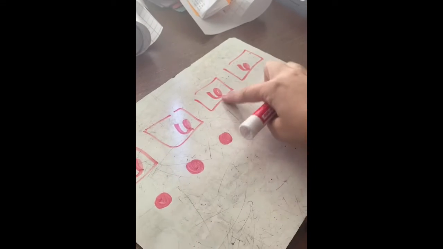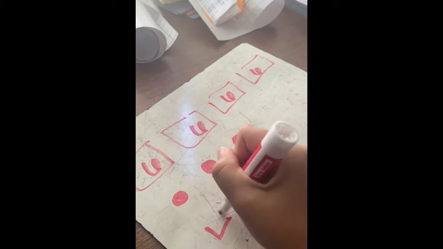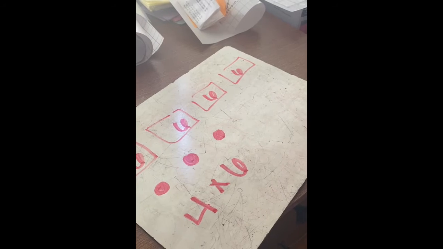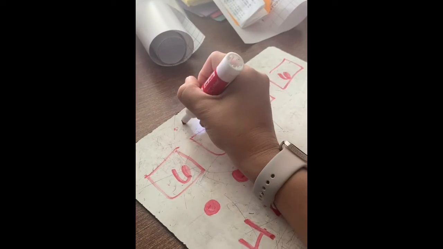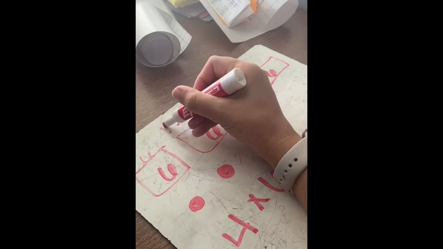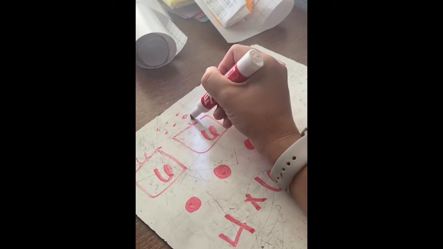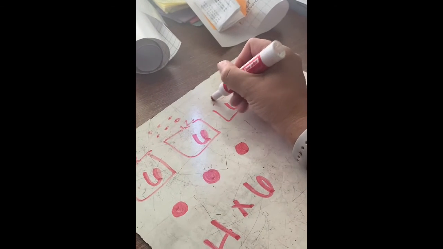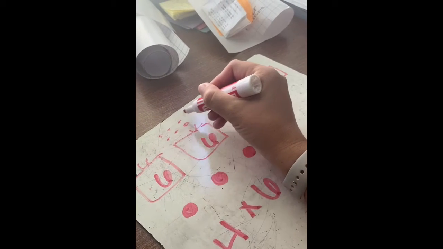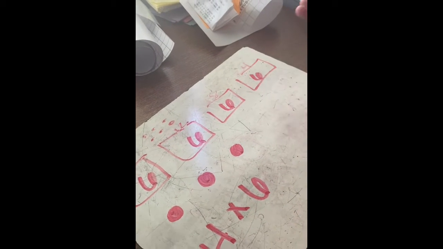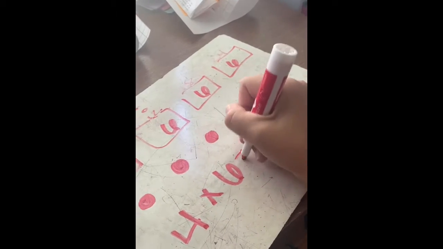He has 4 boxes with 6 in each. 4 times 6. And if I don't know the answer to that, 1, 2, 3, 4, 5, 6, 7, 8, 9, 10, up to 24. 24.